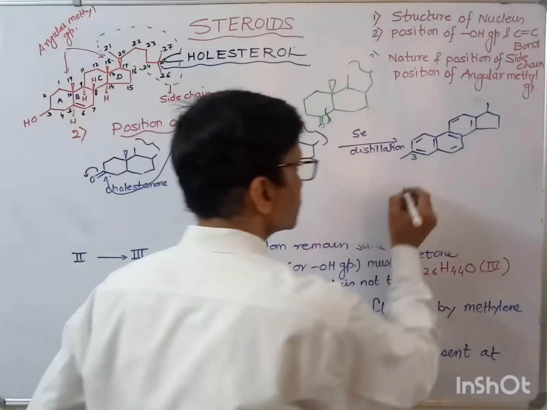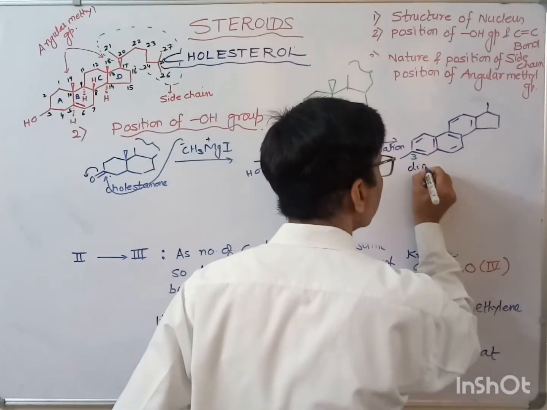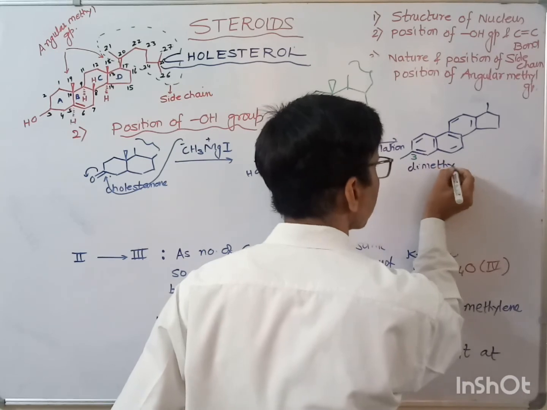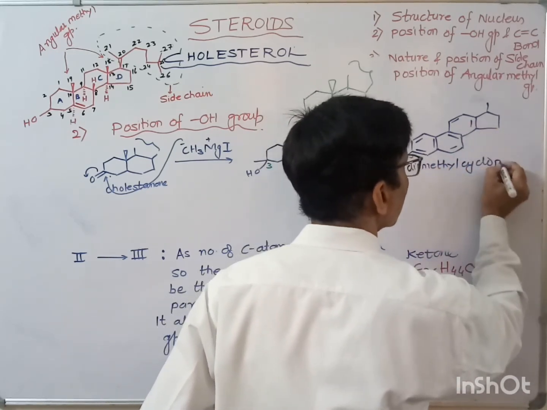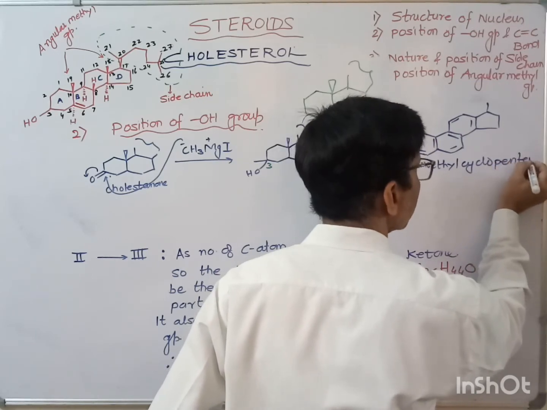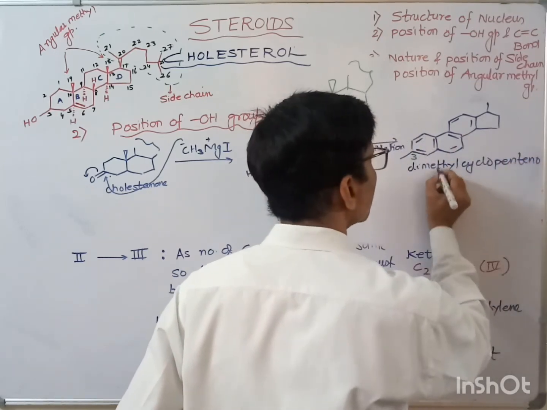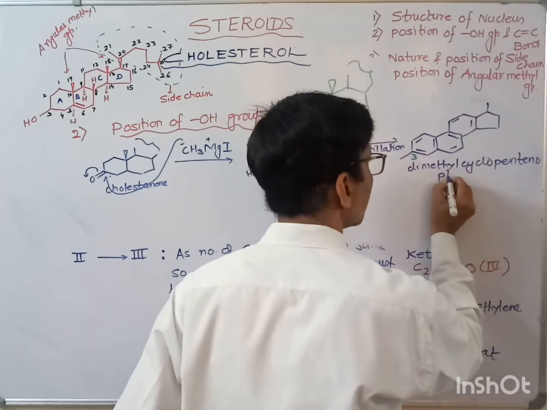This hydrocarbon is dimethyl cyclopenteno phenanthrene. This is our phenanthrene.